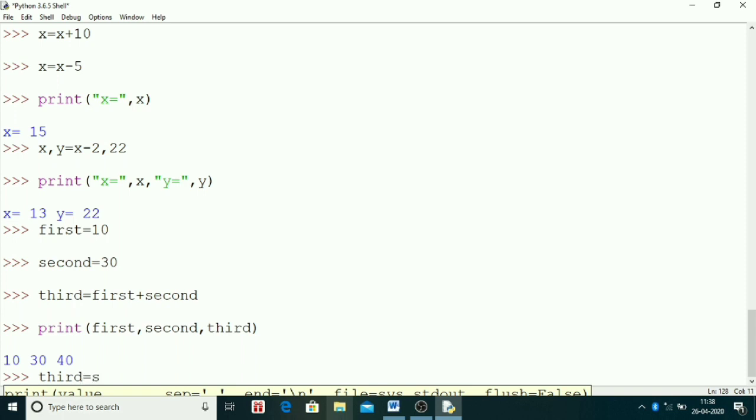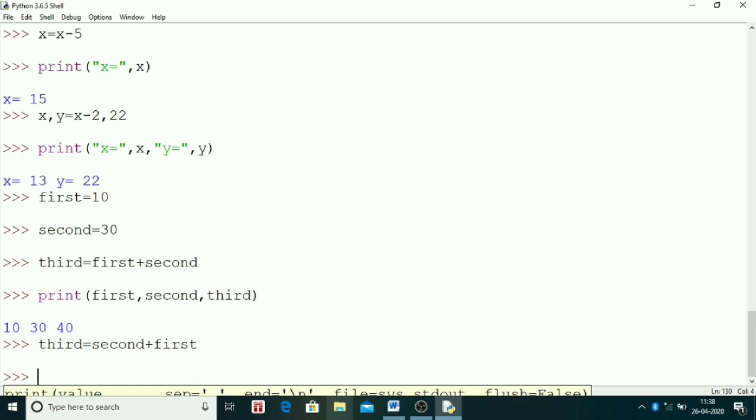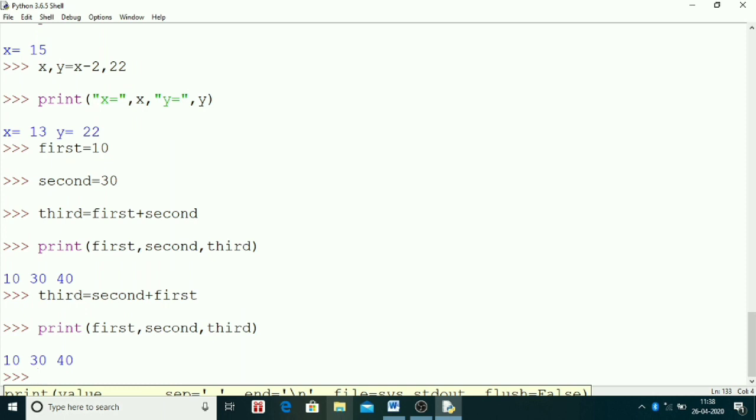Third is equal to second plus first. Print first, comma, second, comma, third. So this is the way you can see. First 10, second 30, then third is first plus second, 10 plus 30, 40 you can see. Now third is second plus first, that means 30 plus 10 is equal to 40. And then again 10, 30, 40 you can see. It hardly matters whether you are writing first or second.